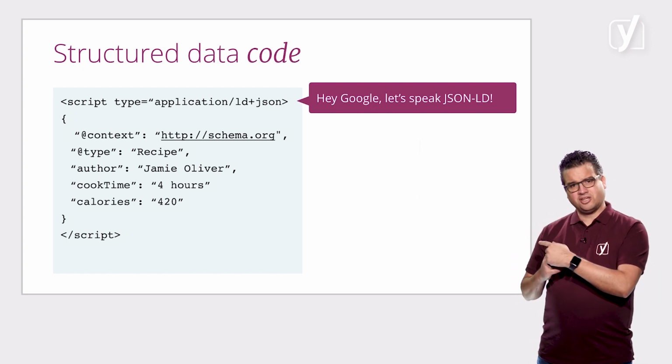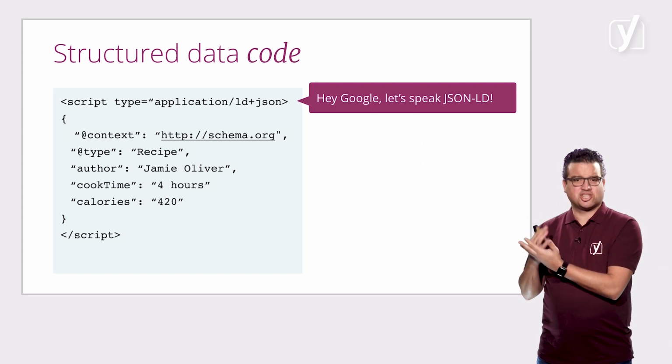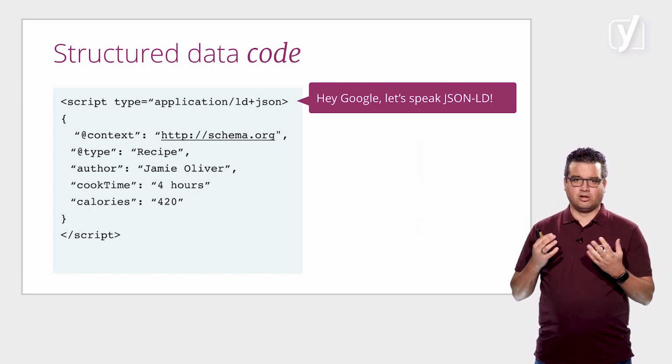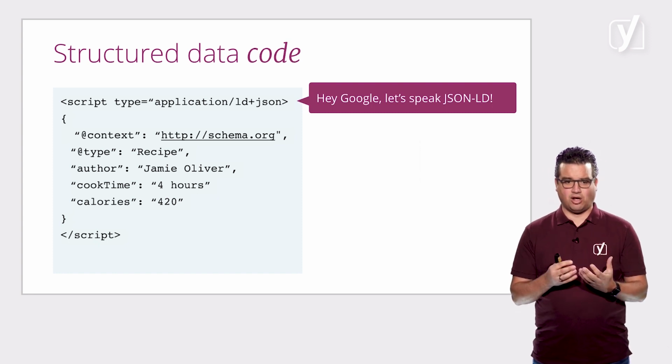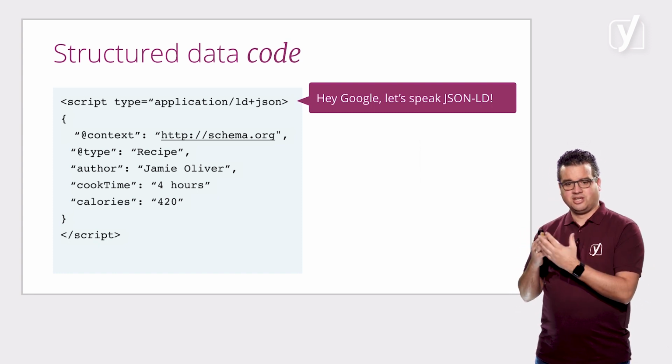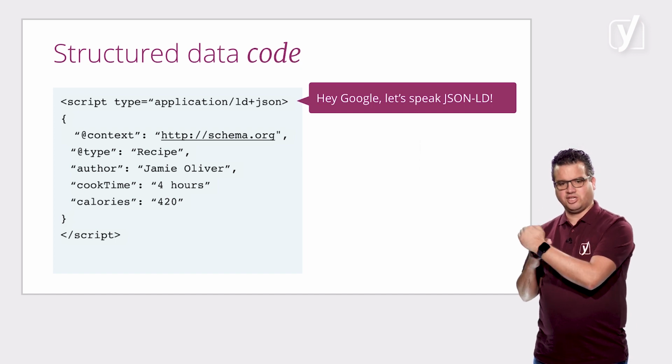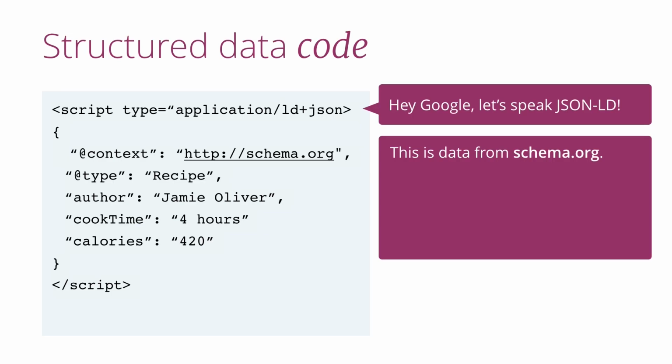We have a blob here that shows you basically a script tag. A json-ld blob is basically a JavaScript object blob of content. And then we give it specific pieces. The first line tells it, hey, this is schema.org based markup. Then this is a recipe, and then we give it all the things below that.